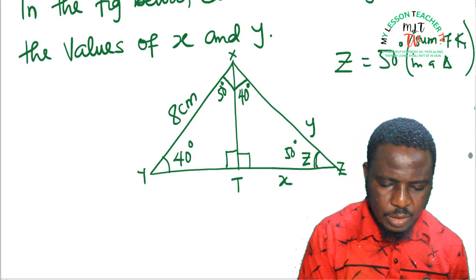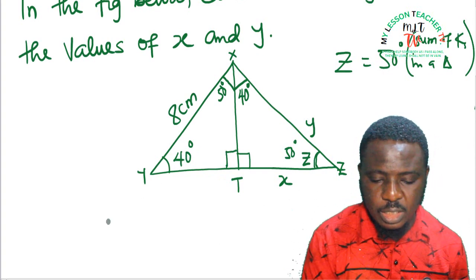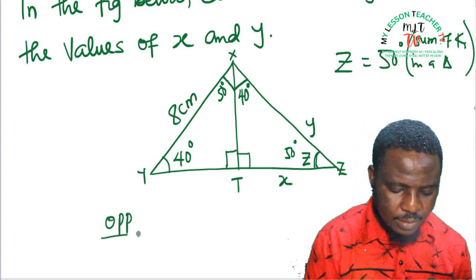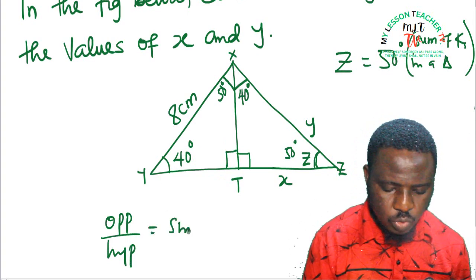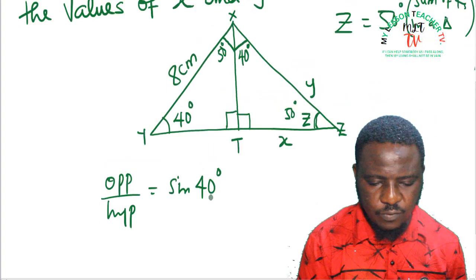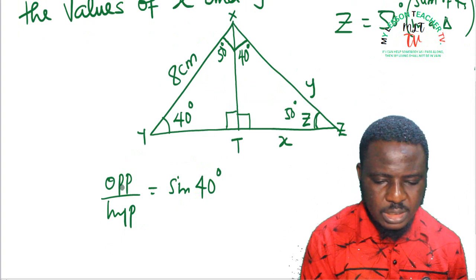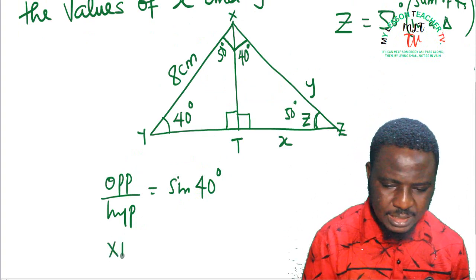So using the trig ratio, with reference to angle 40 degrees, the ratio of the opposite side to the hypotenuse is equal to sine 40 degrees. The opposite side of 40 degrees is side xt.